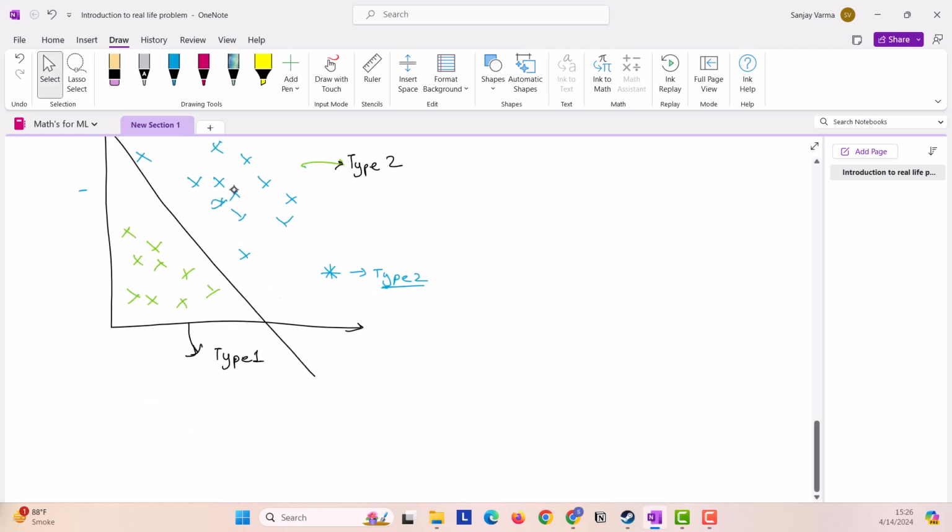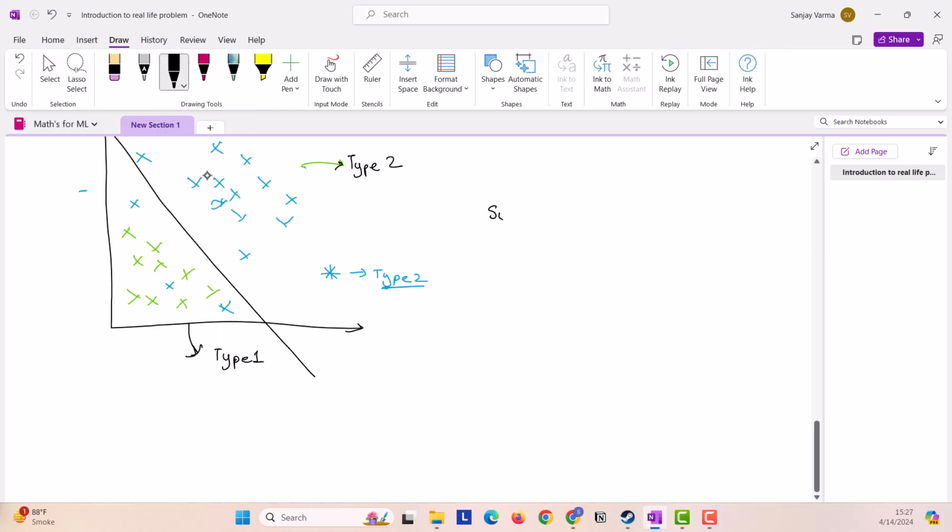And now there can be cases where the data points are not properly classified. Let's say there are some blue ones here. So these type of points are called misclassification.